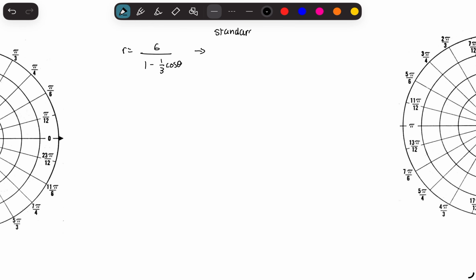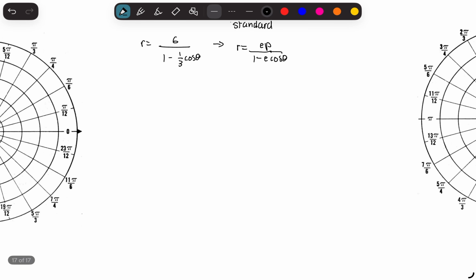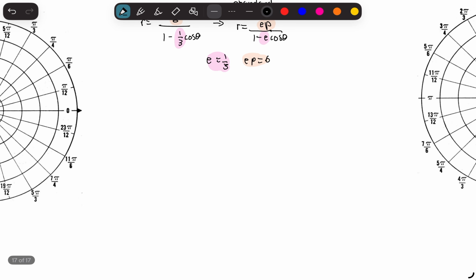And the standard form is r is equal to EP over 1 minus e cosine of theta. Now, comparing this with our version, we can identify e is 1 over 3 and EP is equal to 6 simply by looking here. And e is 1 over 3 because that is that coefficient out in front.